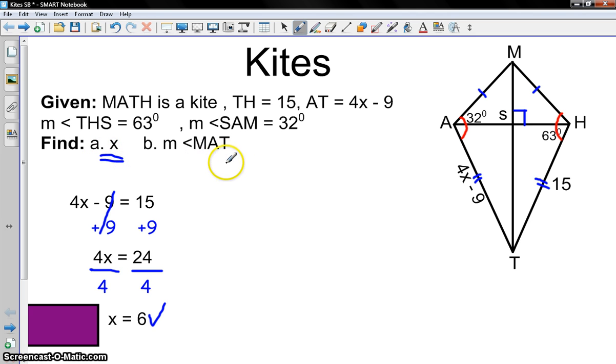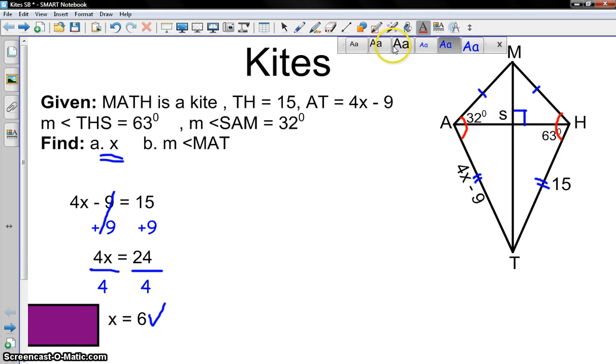Now I have to figure out what MAT is. If I'm looking back at this example here, I labeled angle A and angle H as congruent, but then I have two parts to it. Now if they're congruent and part of it is 32 and the other part is 63, all I have to do is add it together.